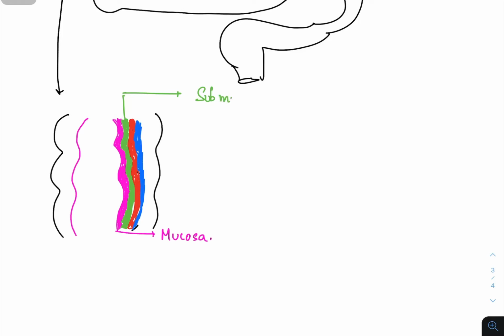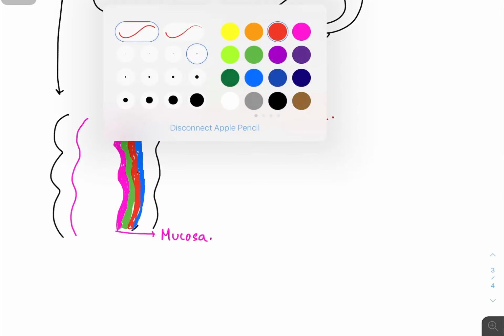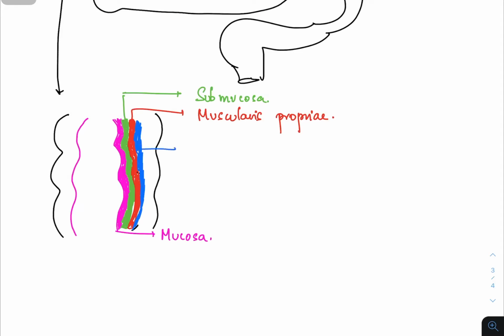The second layer is called submucosa, and the red one is called muscularis mucosa, right? Submucosa, or so, not muscularis mucosa, it is muscularis propria. And the last layer here is called serosa or adventitia.